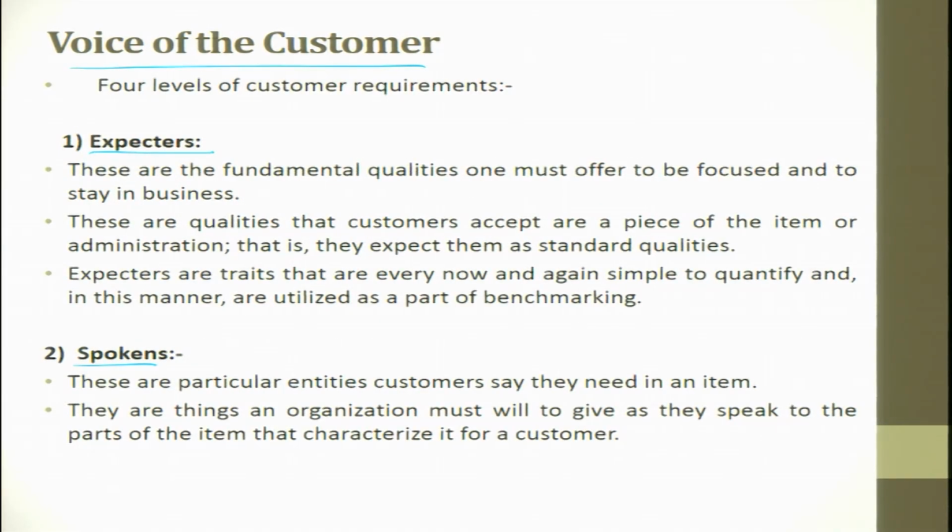When we talk about the 4 levels of customer requirement, expectors are the fundamental qualities one must offer to be focused and to stay in business. For example, I am offering you a pen. If this pen has to sustain in the market, I should make sure that the pen writes smoothly. That is the basic requirement.